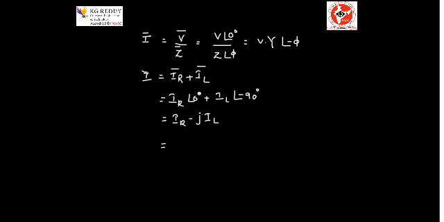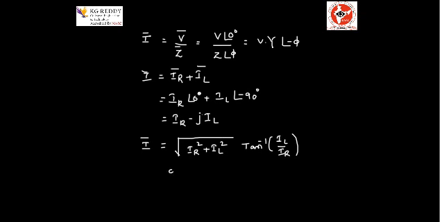If I want the magnitude, for a complex number, I can write it as square root of IR square plus IL square. Now the angle is tan inverse of imaginary by real, that is IL by IR. So this is our I bar.